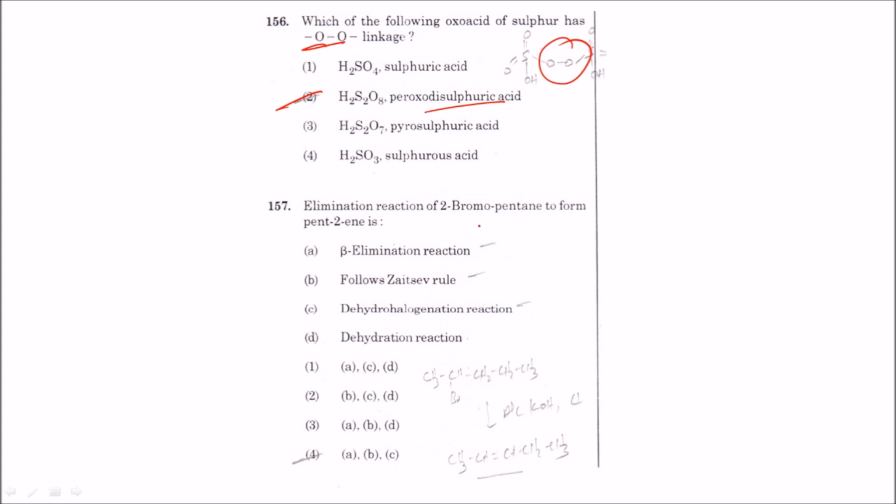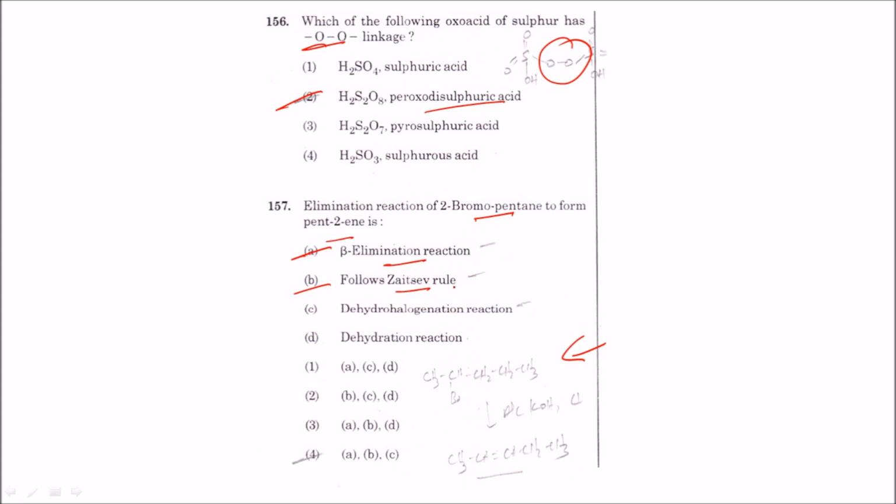Elimination reaction of 2-bromopentane to form pent-2-ene. Here, 2-bromopentane, you can see the reaction. This reaction is an elimination reaction, or you can take it as a dehydrohalogenation reaction. We can classify it as beta elimination first, and it follows the Saytzeff rule, because the major product is pent-2-ene, not pent-1-ene, because pent-2-ene is a highly substituted alkene.